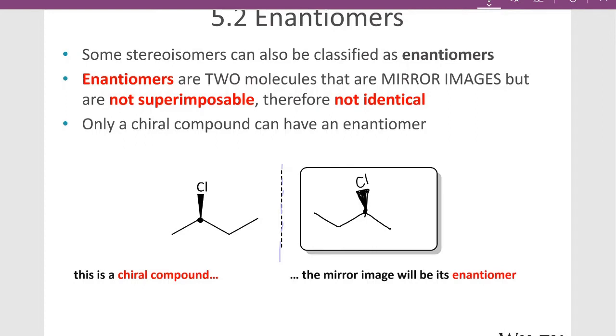There are several ways to draw the enantiomer. What if we put our mirror plane right here? Then we could flip it over, okay, and we could go down, up, down, and then have the chlorine going this way, okay. And another way to do it is if we put a mirror right in the plane of the board.